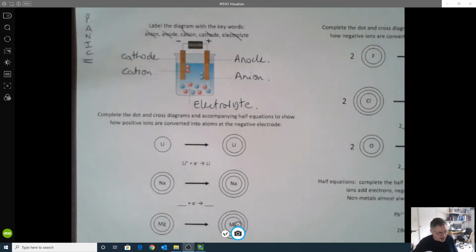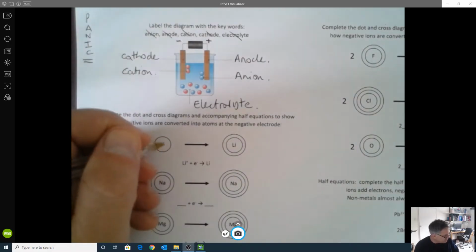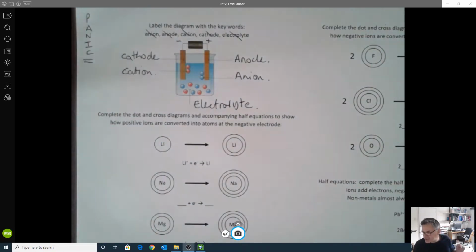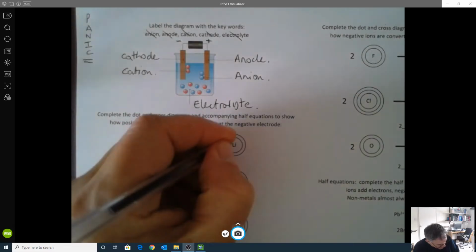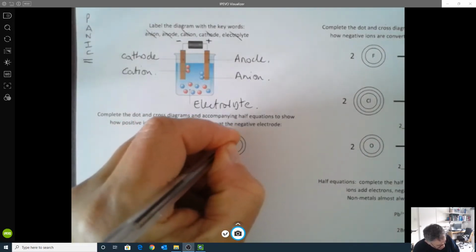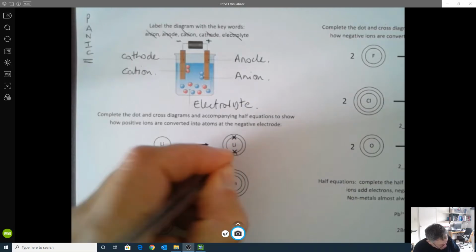So we're talking about how we turn positive ions into atoms. Well, lithium, if I look up, you need your periodic table to answer these. If I look up lithium in the periodic table, the smaller of the two numbers is 3. So lithium has 3 electrons. That's lithium atom. So here I've got to have 3 electrons.